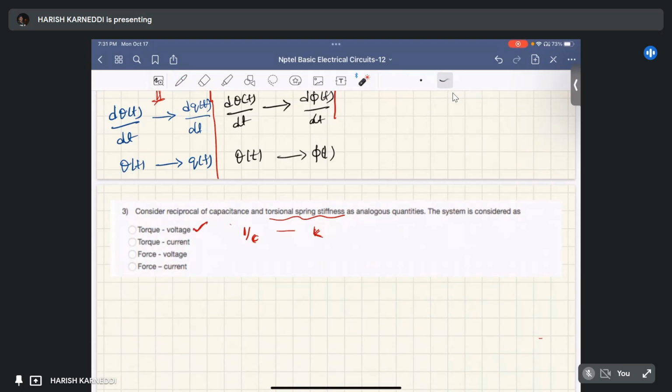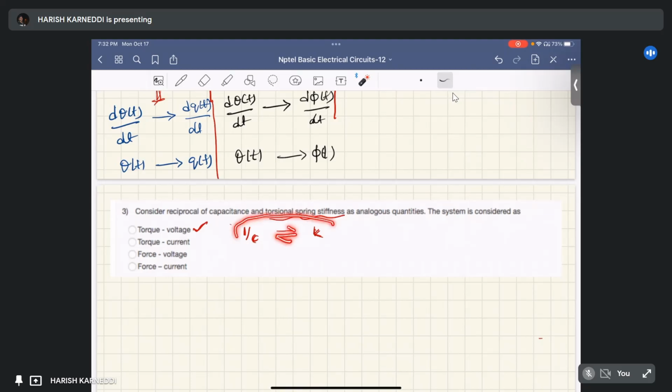I hope this question is clear. The question says to consider the reciprocal of the capacitance, that means 1 by C, and spring stiffness, that is K, as analogous quantities. The system is considered as, it means these two are analogous to each other.